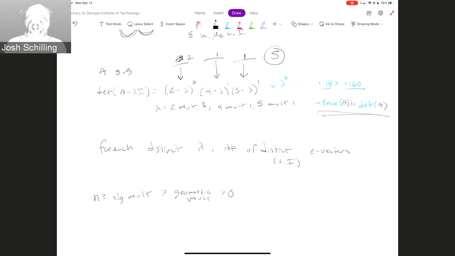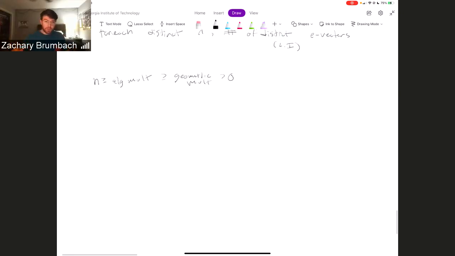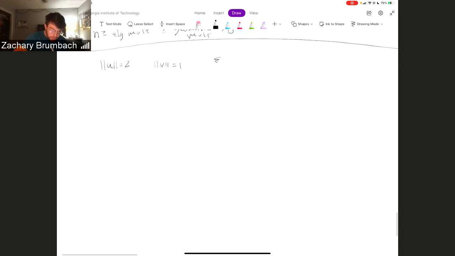So somebody asked to do 28. So 28 states, given the magnitude of u is equal to 2, and the magnitude of v is equal to 1. It says u, v are orthogonal, therefore u dot v equals 0.